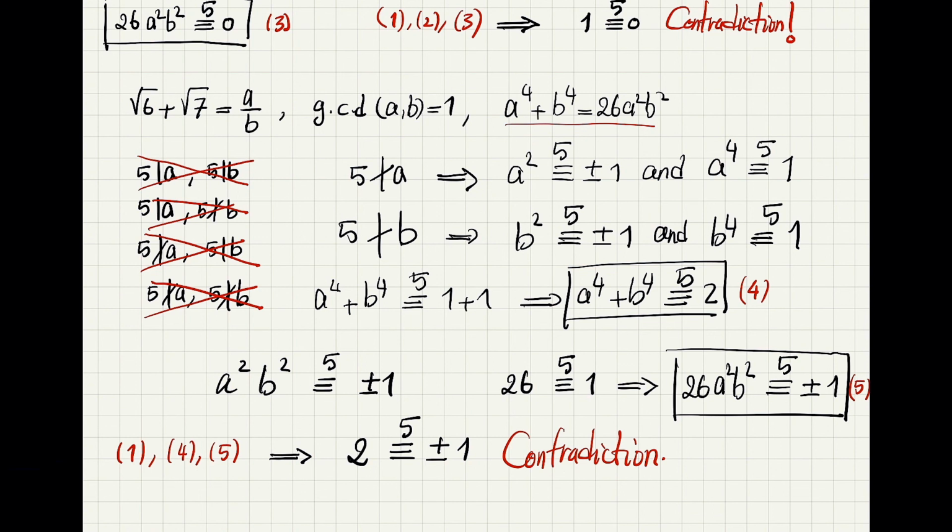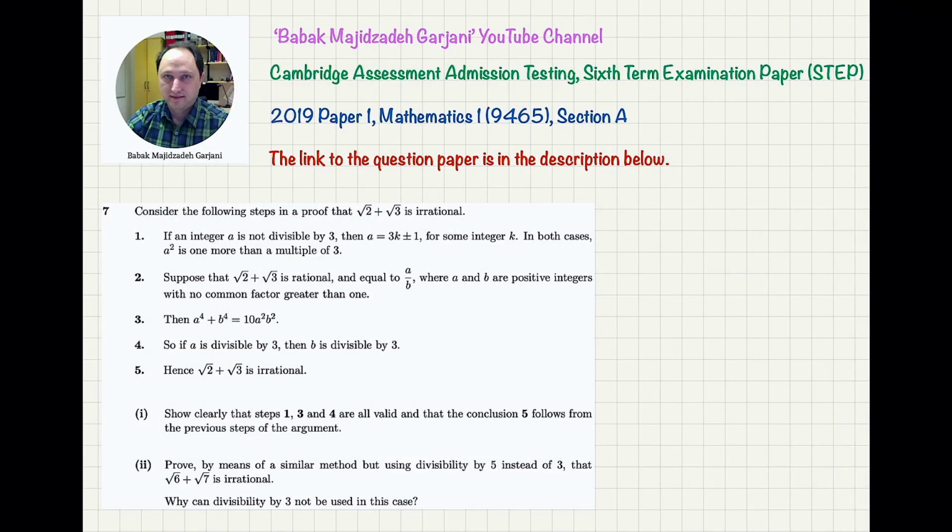So it means that assuming that this number is rational gives rise to a contradiction in all possible cases. So this means that this cannot happen. So the negation of this statement, which means that the square root of 6 plus the square root of 7 is irrational, should be true. Yes? Okay, now we are ready to answer the last part of this problem.